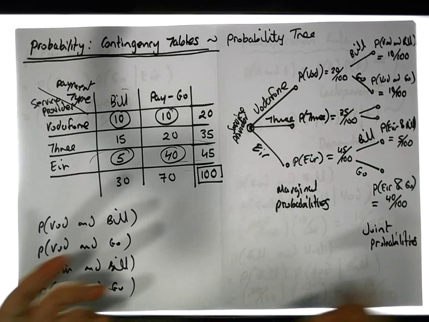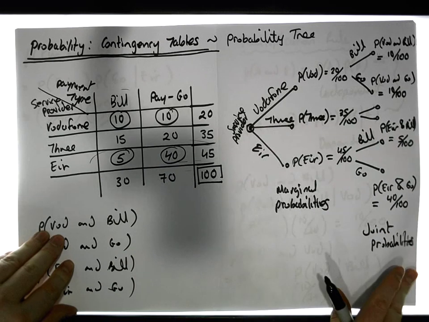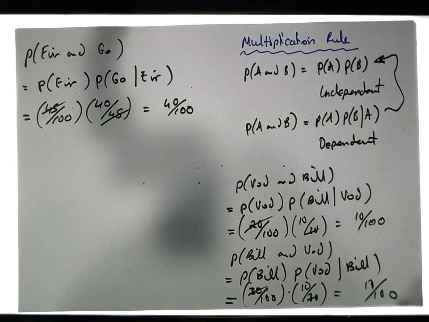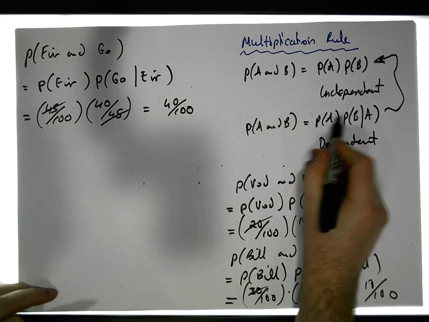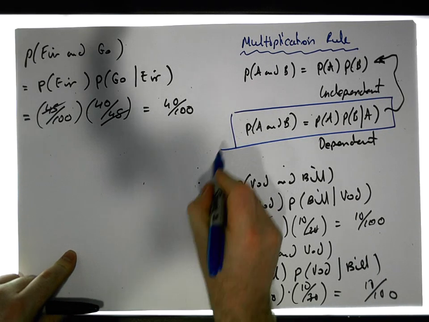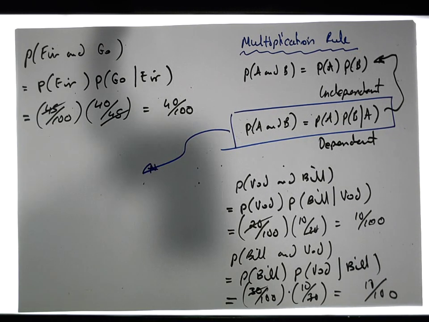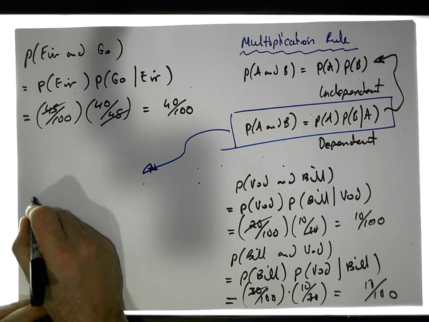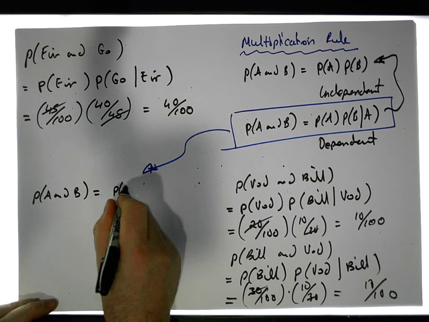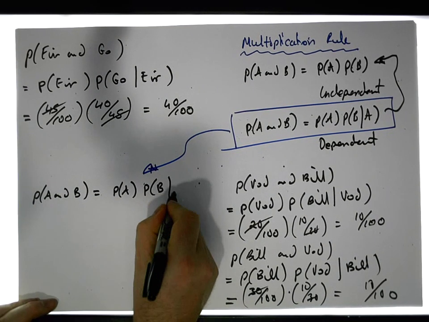If we want to calculate conditional probabilities, let me get rid of this page for a moment. You can see from this rule that we can calculate conditional probabilities really easily, because the probability of A and B is equal to the probability of A times the probability of B, knowing that A has occurred.